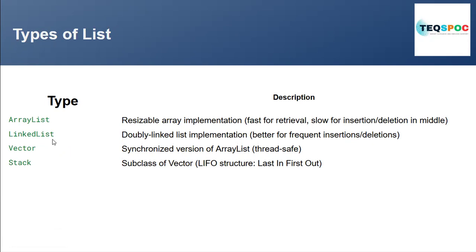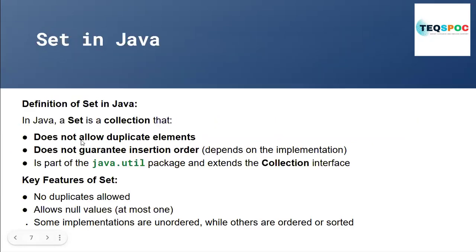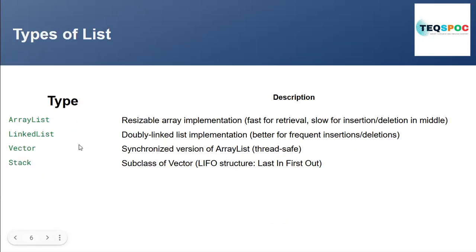LinkedList implements the List or Deque interface. It maintains insertion order because it comes under the List interface. It is non-synchronized. It does not support accessing elements randomly, and you can use a ListIterator to iterate over the linked list.